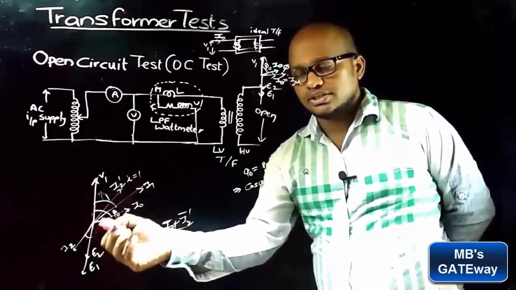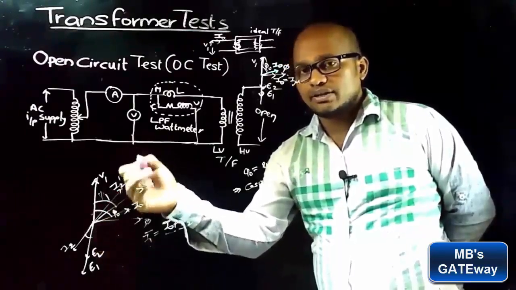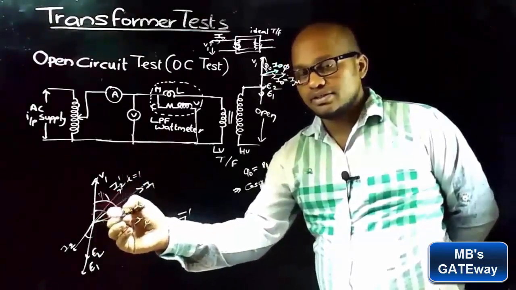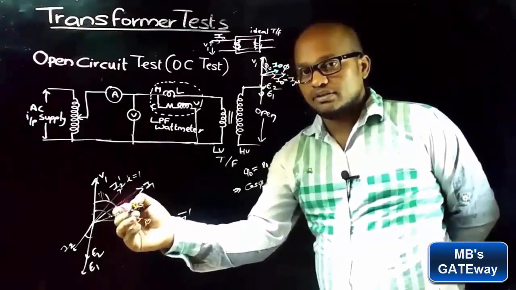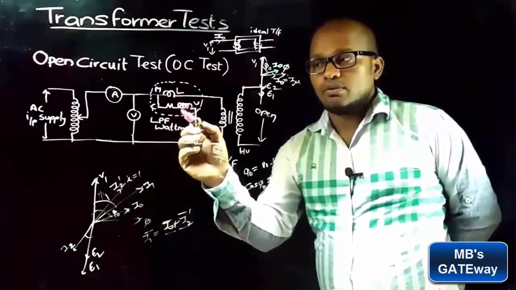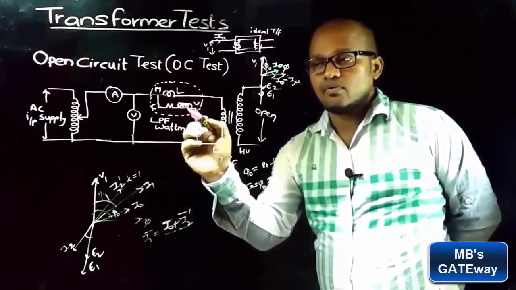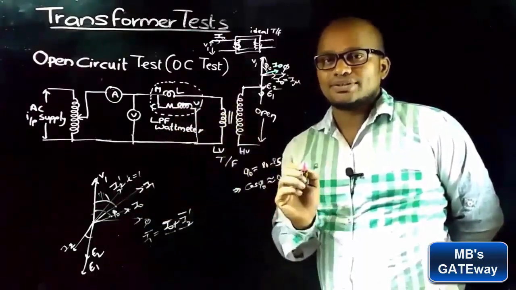Means when the load is connected, now the primary power factor will improve. Therefore, as no load power factor is at low power factor, to have the power reading with good accuracy, we are making use of LPF type of wattmeter in open circuit test.